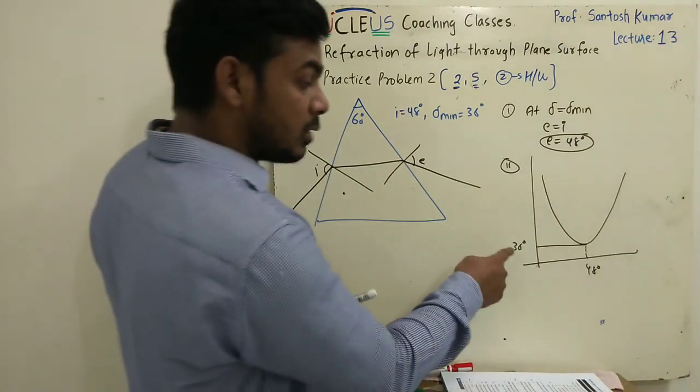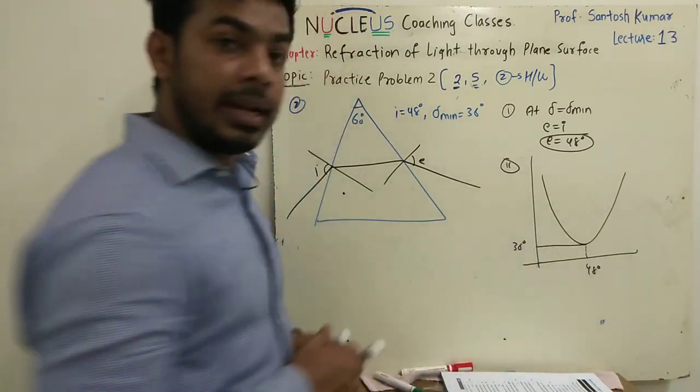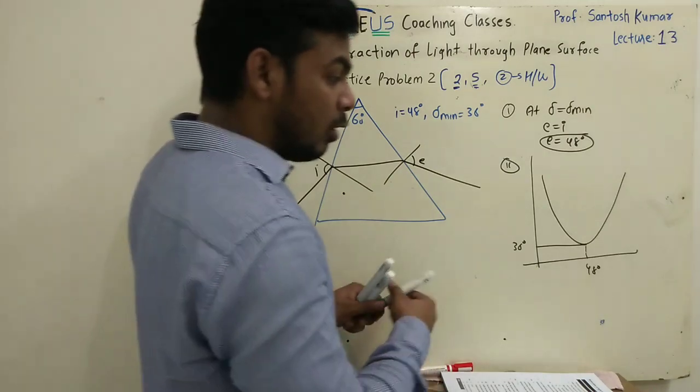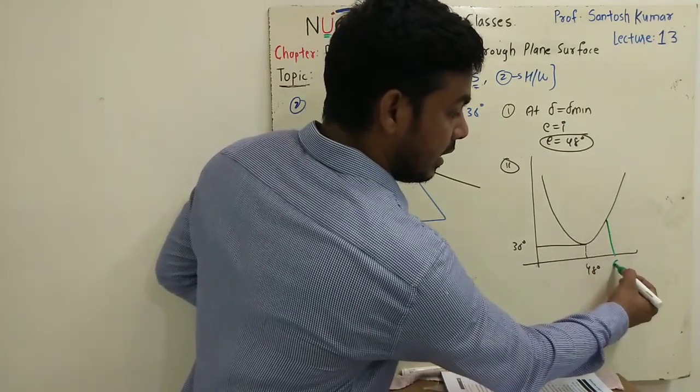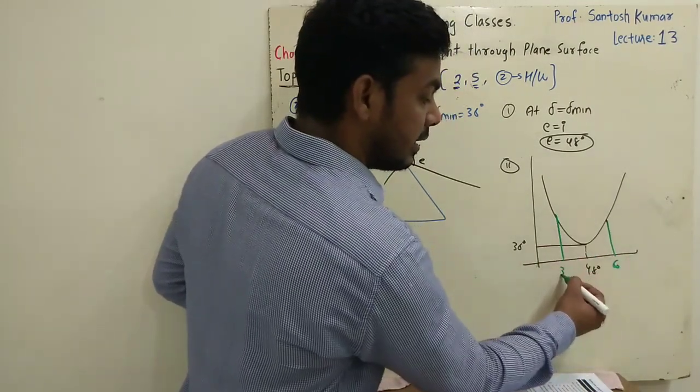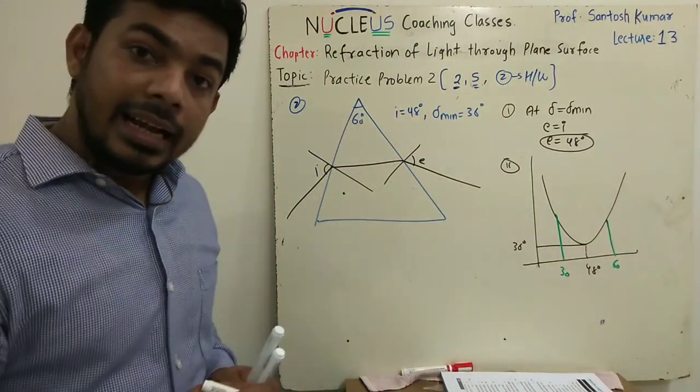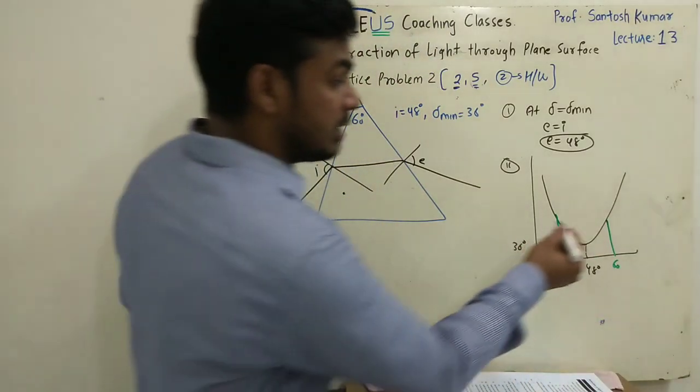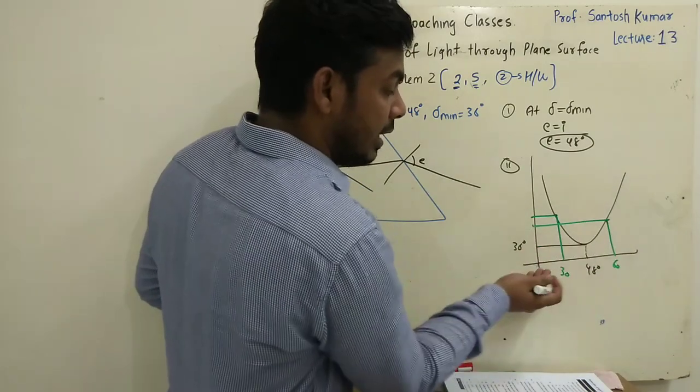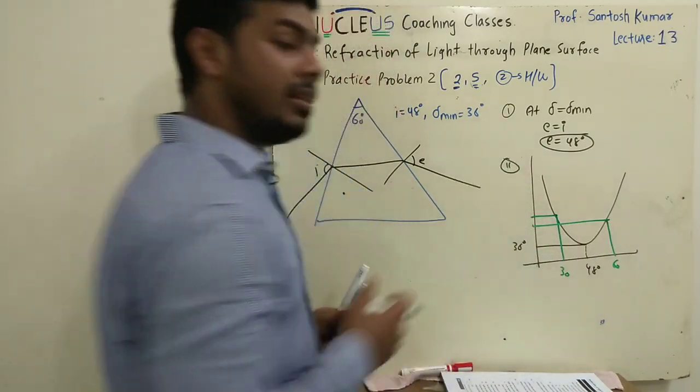That means delta has got minimum value at 48 degree. So whether the angle of incidence is 60 or 30, in that case angle of deviation value definitely has to be more than 36 degree.